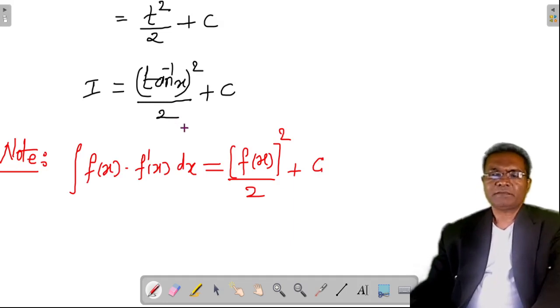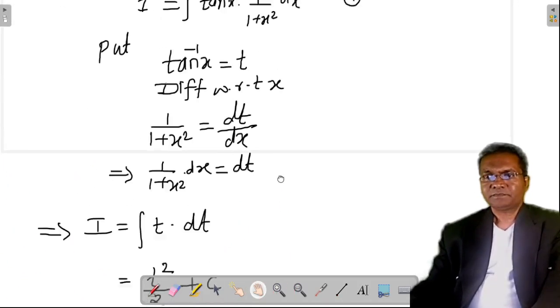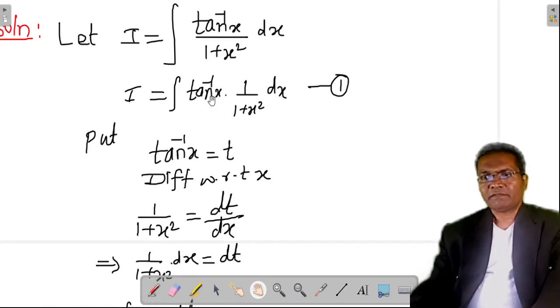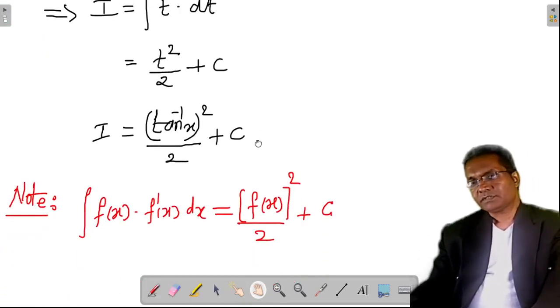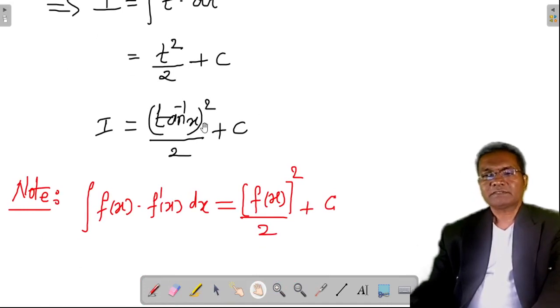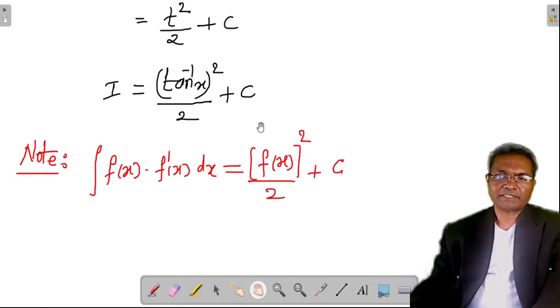Okay, in both the previous cases, this is your f, this is your f dash, its derivative is here. So what was the final answer? Tan inverse x whole square by 2. Similarly, we had sin inverse x by root 1 minus x square.